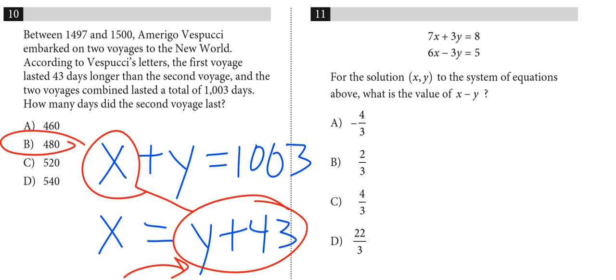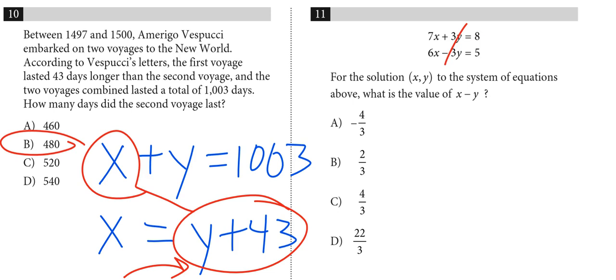For the solution, make sure I unpause that. Okay, good. For the solution to the system of equations above, what is the value of x minus y? Okay, I thought we could do something cool here, but I don't think I can.